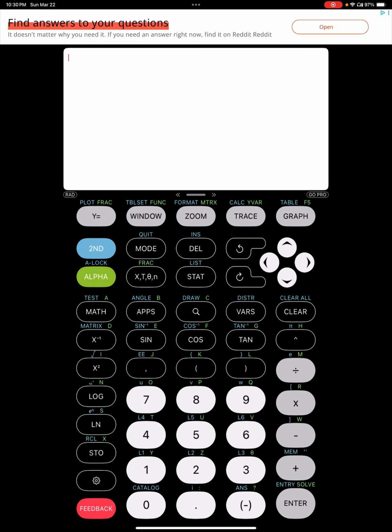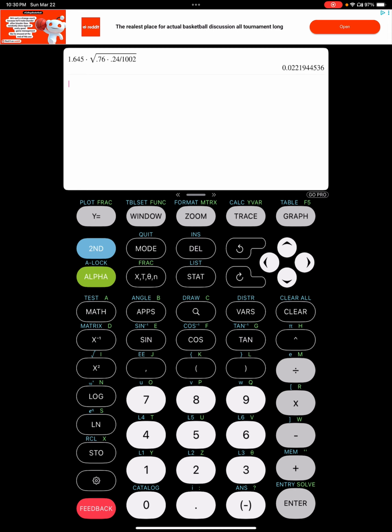Let's figure out what the margin of error is. 1.645 times the square root of 0.76 times 0.24 divided by 1,002. That's going to be 0.02219. Let me just double check with my physical calculator. Square root of 0.76 times 0.24 divided by 1,002, 0.02219.